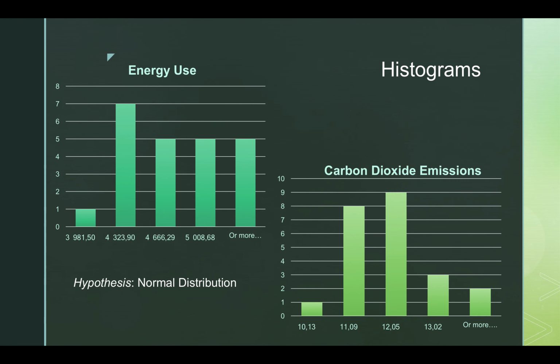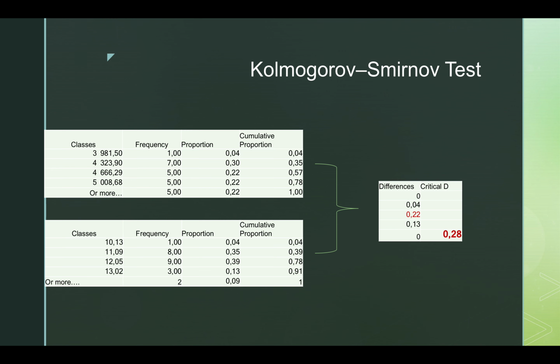Now that we have the histograms, we can say that the shape is really different from one variable to the other, which says that maybe the frequency is different and that we are in a normal distribution situation. When we performed the Kolmogorov-Smirnov test, or the KS test, we calculated in Excel the difference between the frequencies.